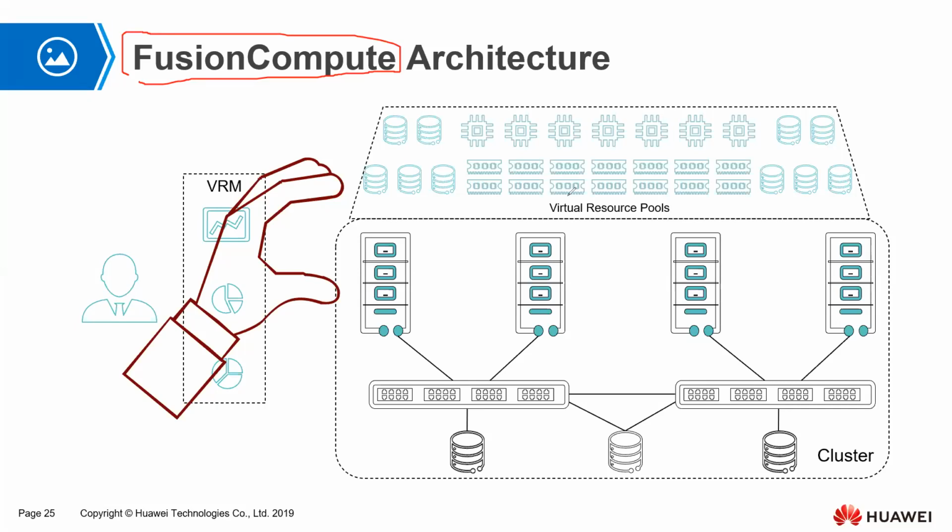So the UVP is a hypervisor like KVM and like Xen. Fusion Compute Hypervisor adopts the bare metal architecture and can run directly on servers to virtualize hardware resources. So with bare metal architecture, Fusion Compute delivers virtual machines with almost server level performance, reliability, and scalability.